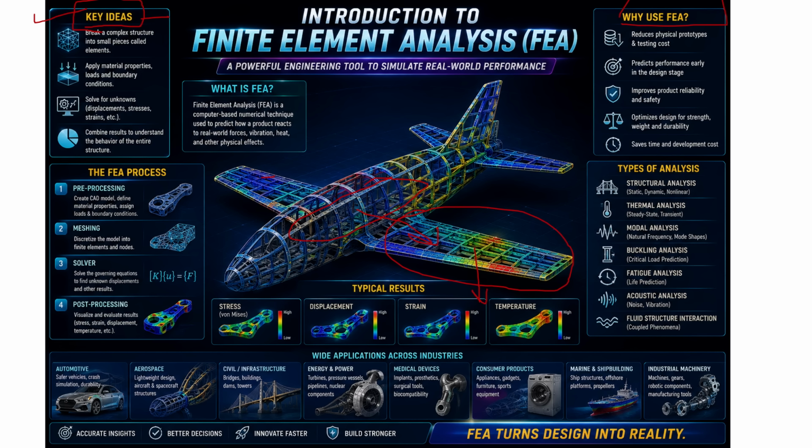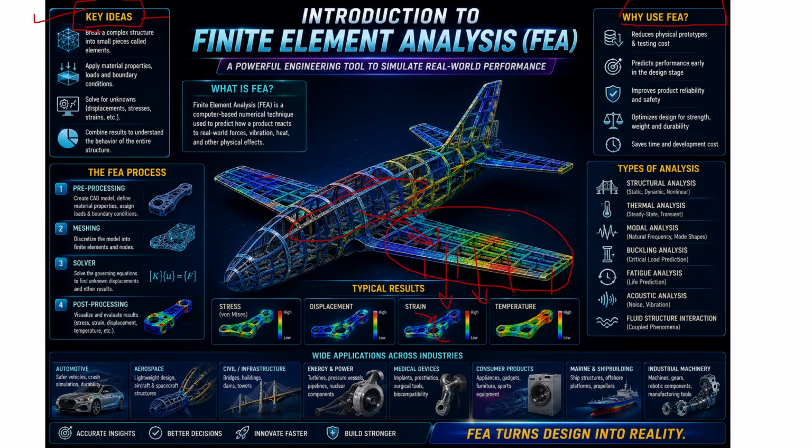apply the load physically on different parts of the wings, and then test whether the wings fail or not. Suppose I applied some X tons of load on the aircraft wing, and the wing fails.